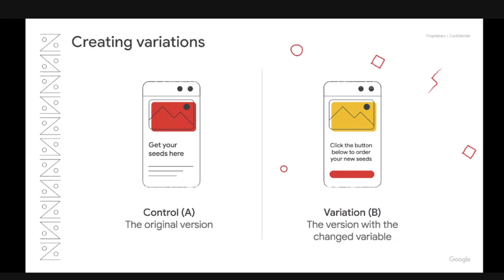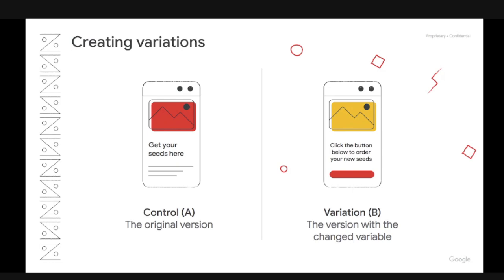Let's say you work with variable A and B as it is there on the photo on your screen. The control A is actually the original version. This is where you really put everything together, truly believing that it speaks to exactly what your objectives are. You've studied different channels and you understand exactly how this campaign is going to run.